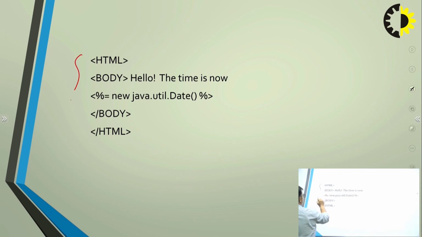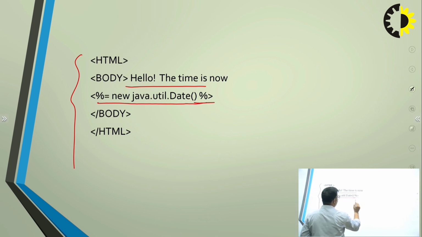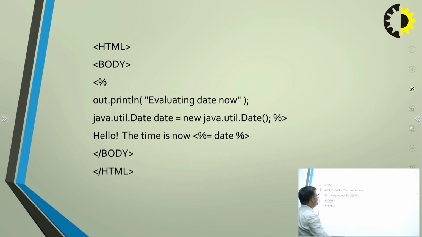Let's take examples in HTML. HTML starting, then body: hello, the time is now, and this is the body. Then <%= new java.util.Date() %>, this is the syntax of the util-based date or time. Then the body is closed.